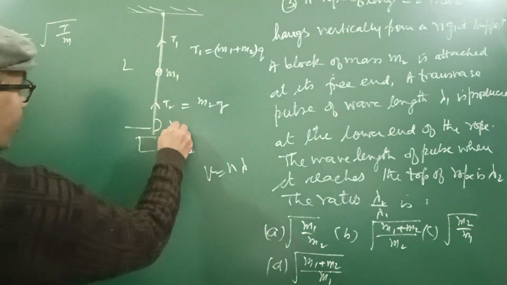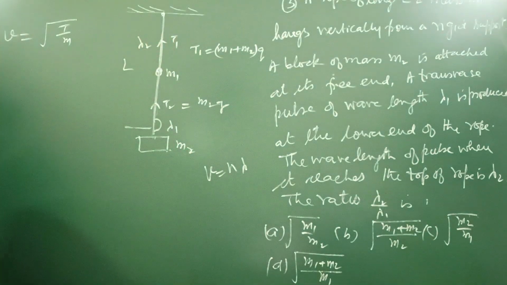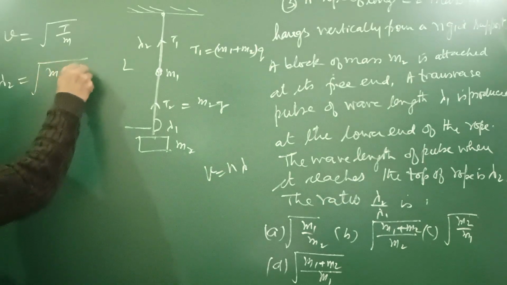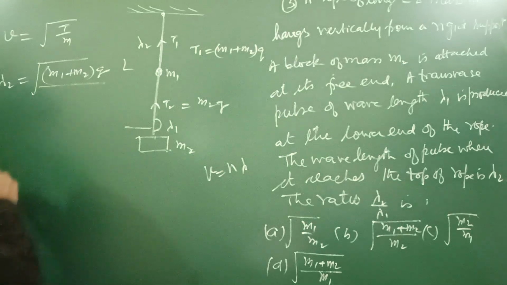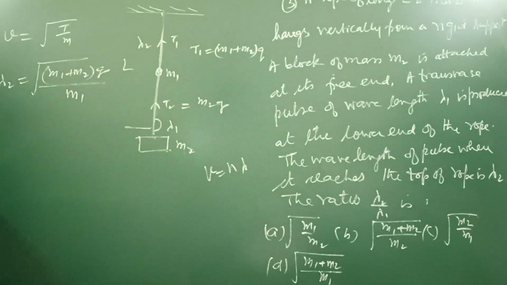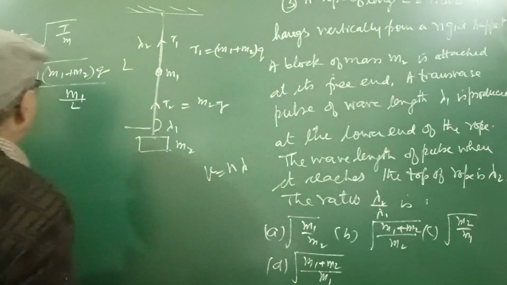So here it is lambda 1 wavelength, here it is lambda 2. So n into lambda 2 will be under root tension, m1 plus m2 into g, upon m1 by l. Sorry, its length is l.